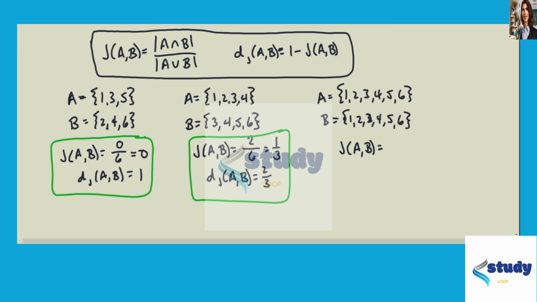Well, the intersection of these two is all of their elements. They have everything in common, so there are 6 elements in their intersection. There are also 6 elements in their union. So the Jaccard similarity is going to be 1, which means that the Jaccard distance will be 1 minus 1, or 0.